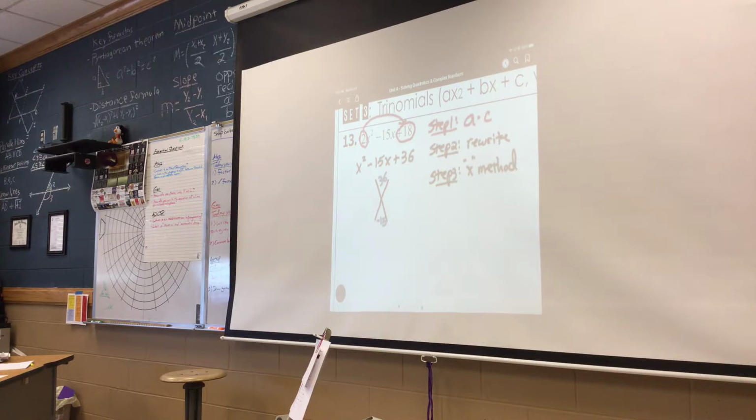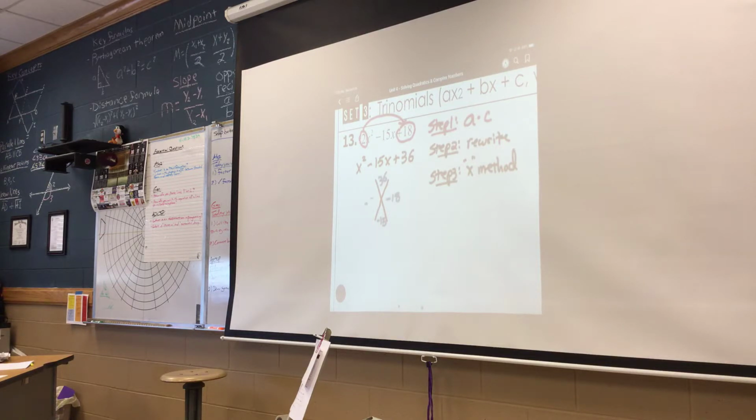So two numbers that'll multiply and give me 36, but at the same time will give me negative 15. Negative 13... well, that'd be negative 26. You got to multiply and give me 36, but add and give me negative 15. Negative 18.